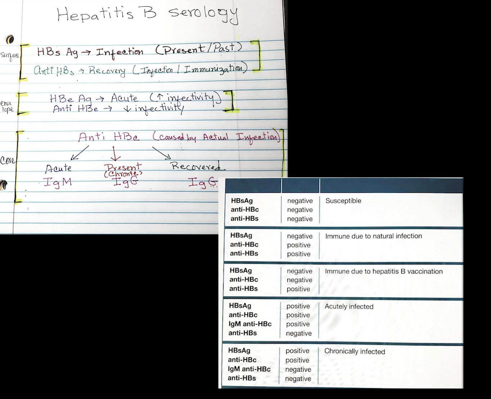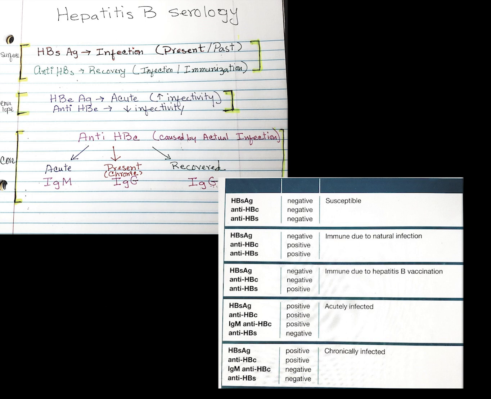And core antibody is telling us either it's acute infection or chronic infection. Now, the third serology, IgM antibody, is positive. And remember, GM, we talked about germ major, acute. So we are looking at acute infection. In this case, we're dealing with an acutely ill hepatitis B person.